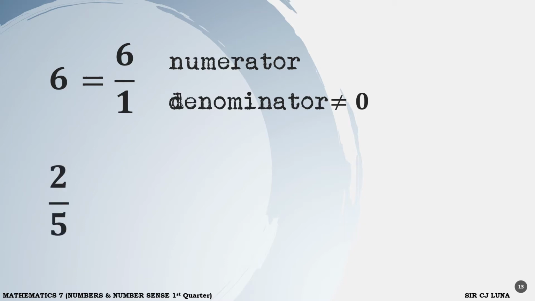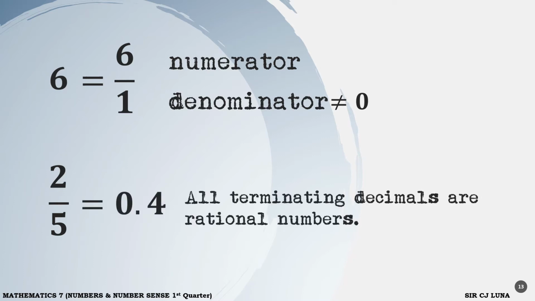Another, we have 2 over 5. 2 over 5 is equivalent to 0.4. And 0.4 is a terminating decimal. All terminating decimals are rational numbers. 1/3. 1/3 is equivalent to 0.333333.